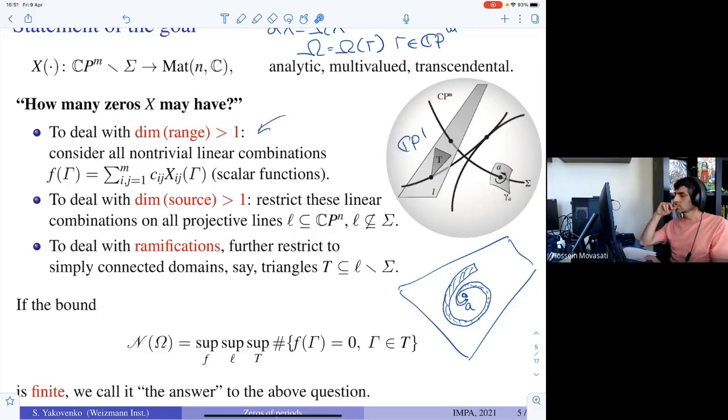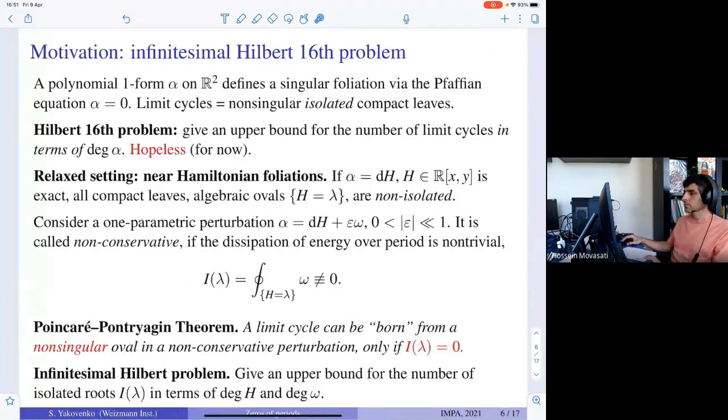So what is the motivation for such a strange formulation? Here is just a very brief reminder. I will say in a few words that it came from Hilbert's 16th problem, which asks about the number of limit cycles of a polynomial differential equation on the plane.